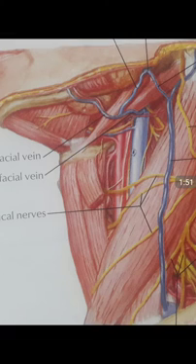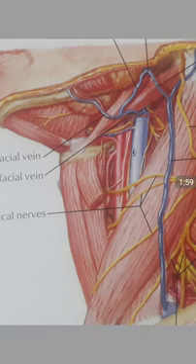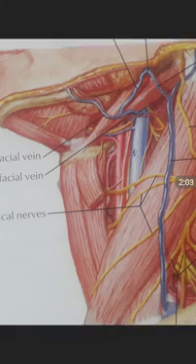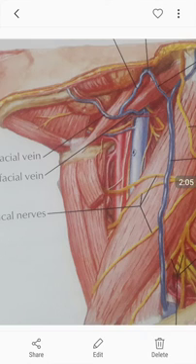This is also present in this triangle. And beside that, submandibular lymph nodes. So the contents of the triangle are submandibular gland, hypoglossal nerve, facial artery, facial vein, mylohyoid nerve, and submandibular lymph nodes.